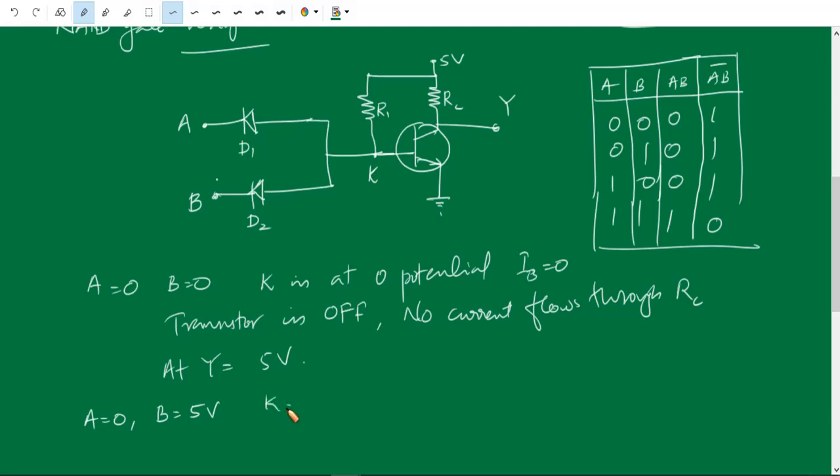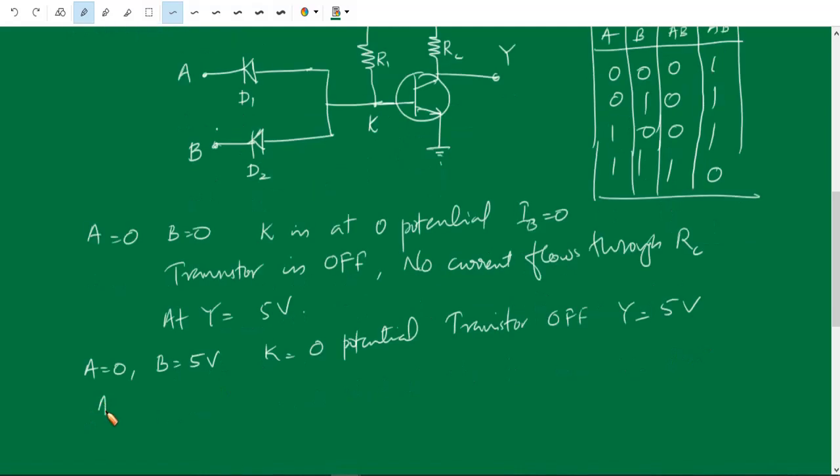The transistor is in the off state. Transistor off means there is no current flow through RC. Therefore, no voltage drop, and Y is equal to 5 volts.